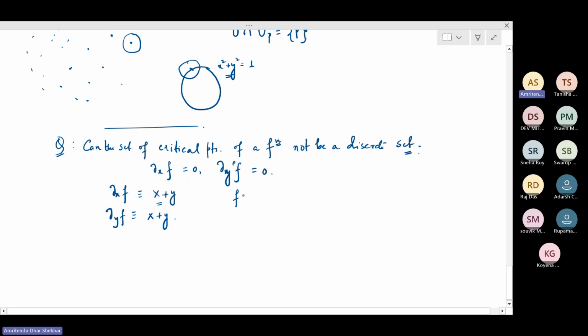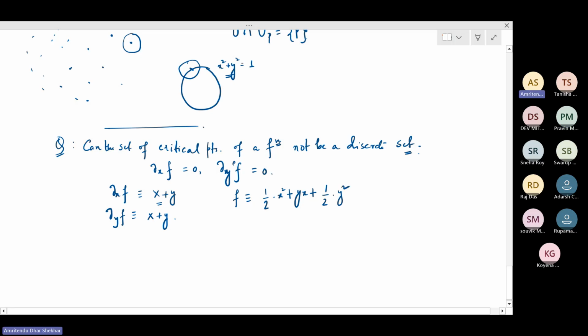So your f may be equal to some half times x squared plus yx plus some half times y squared.